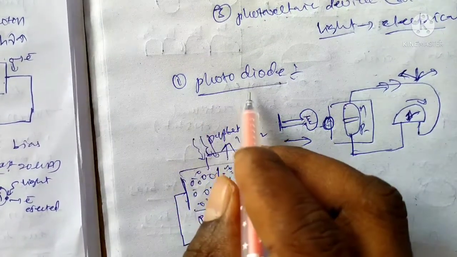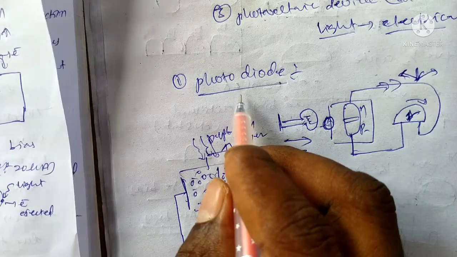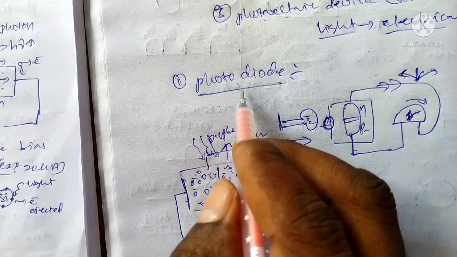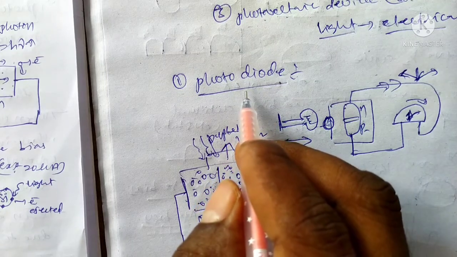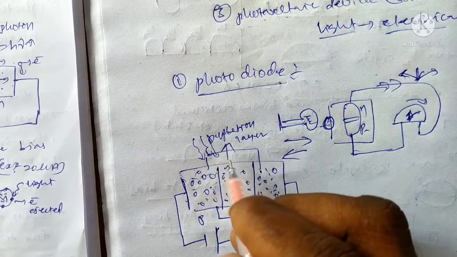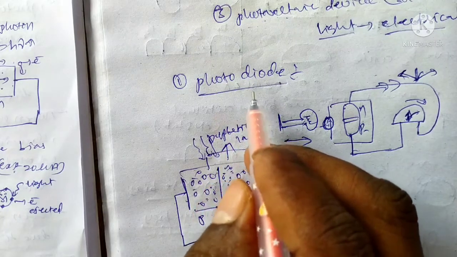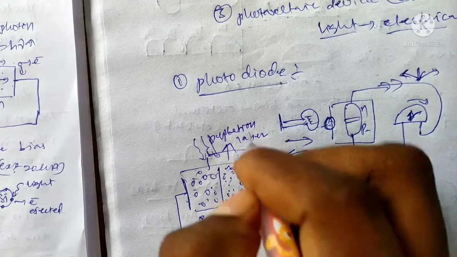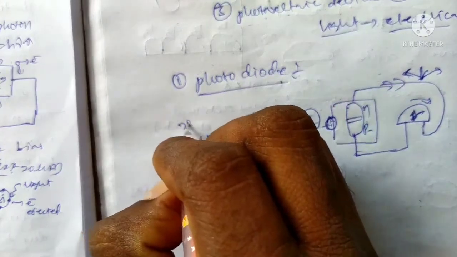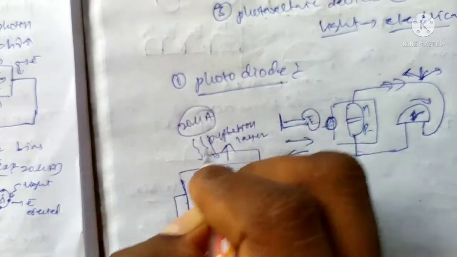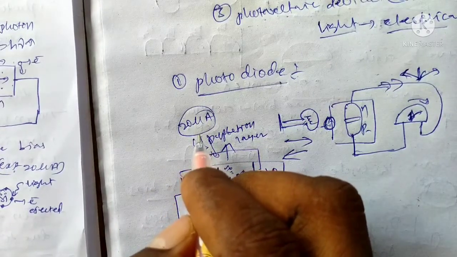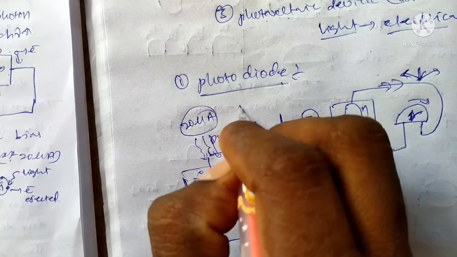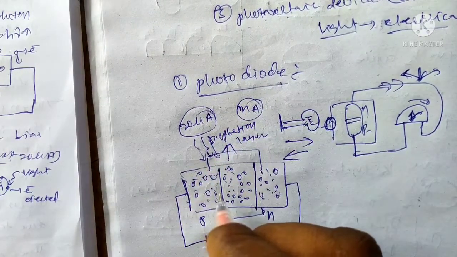It is similar to the photoelectric effect. This photodiode works in reverse bias. In reverse bias we get a current only in the order of microamperes, some 20 microamperes, whereas in forward bias we get a current in the order of milliamperes.